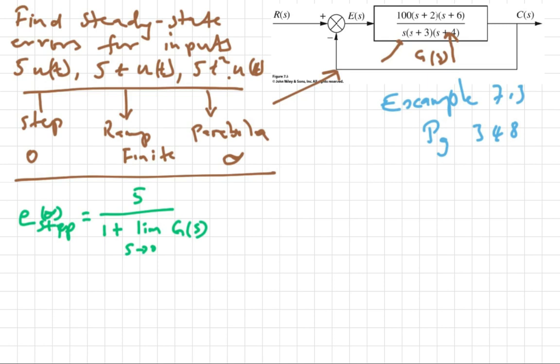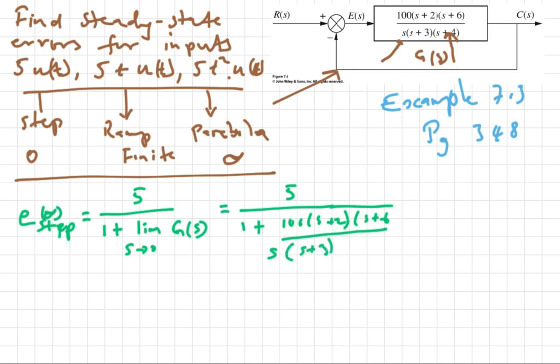So now this will be equals to 5 over 1 plus limit as s tends to 0 of G of s, where we have 100 (s plus 2)(s plus 6) over s (s plus 3)(s plus 4).